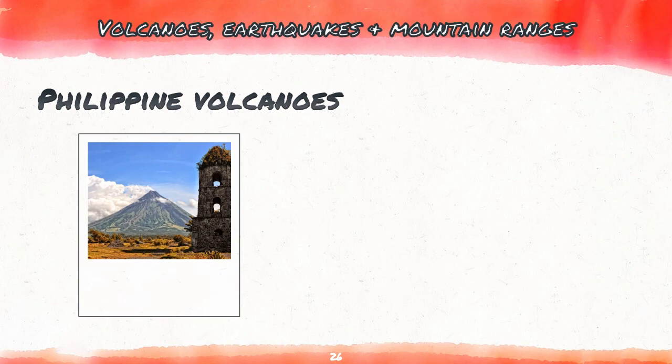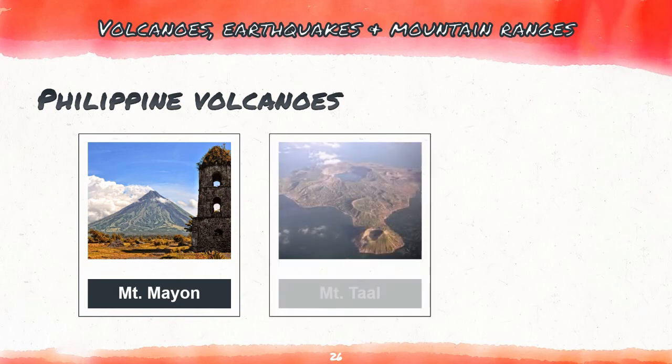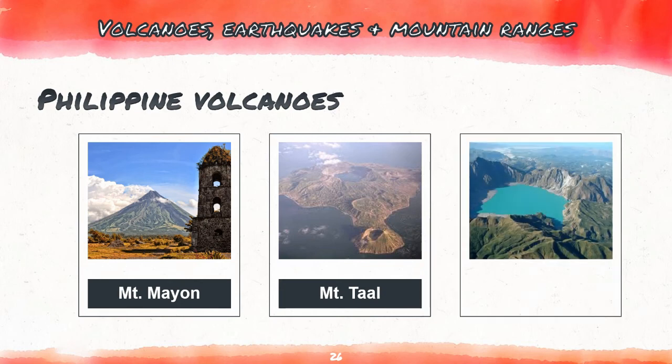Here are some of the famous volcanoes in the Philippines. The first one is Mount Mayon, which is famous for its conical or perfect cone shape. We also have here Mount Taal, an example of a crater lake, which has erupted recently. And we also have here Mount Pinatubo.